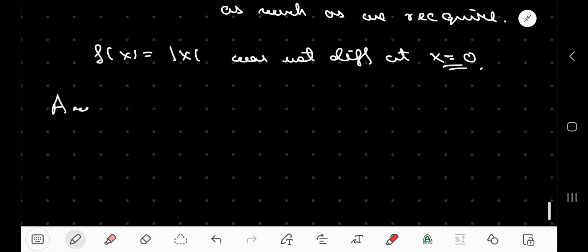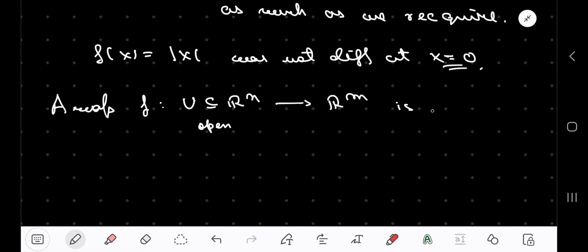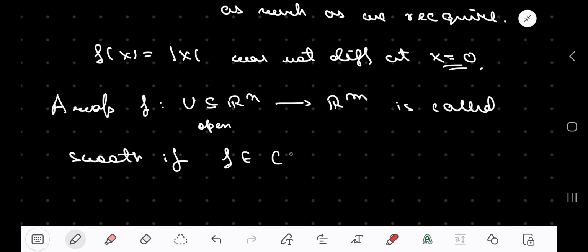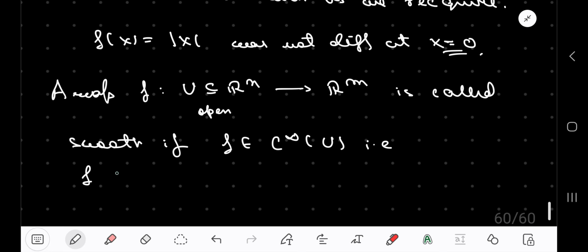So a map f from U in R^n, open, to R^m is called smooth if, as in the last lecture where we used the notation f in C infinity of U, f has partial derivatives of all orders.